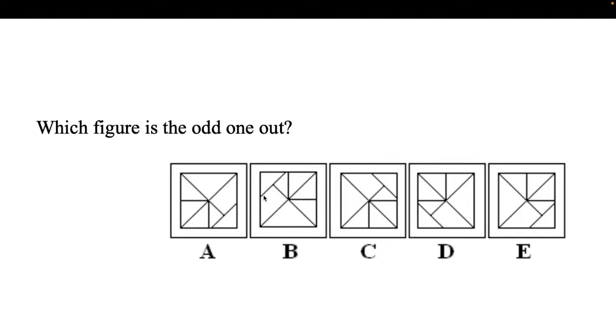You can see here this triangle is on the left of the square. It's also on the left here, and here it's also on the left, but in this one it's on the right. It should have been here, but instead it's on the right. So E is the right answer.